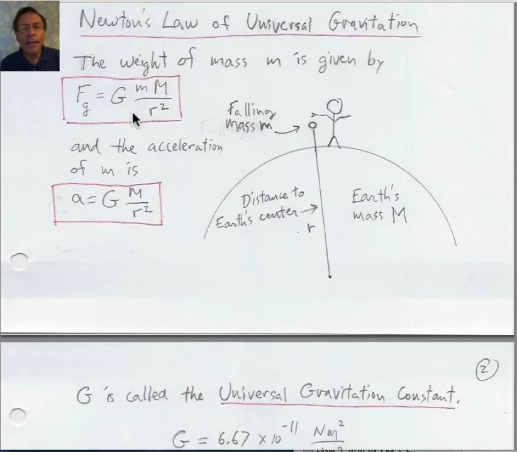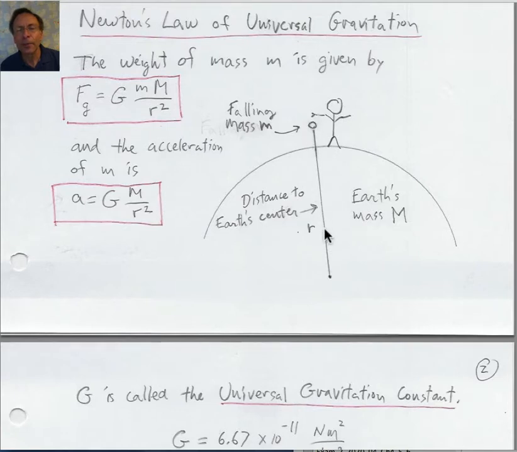So the weight of an object is going to be given by this formula here that Newton came up with. Here's the mass. The little m here is the mass of whatever it is we're measuring. It could be the 1 kilogram. This capital M represents the mass of the Earth, so it's a huge number. The little r represents the distance from our mass down to the center of the Earth.